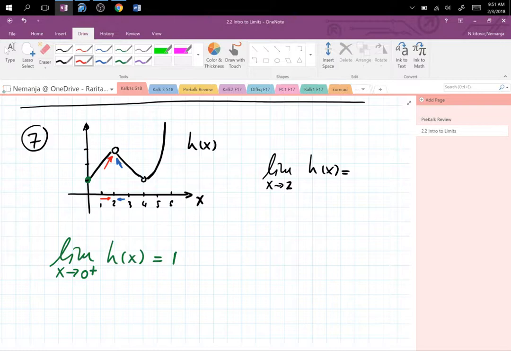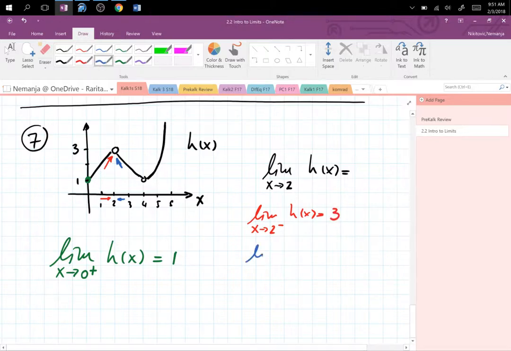Okay, let's see what Juliet is doing here. So the limit as x approaches 2 minus of h of x is going to give me 3. And a Romeo plus, right? So from the right is also giving me 3. We just had a theorem that says when left and right approach have the same value, the overall approach is that value. Therefore, the limit is 3.